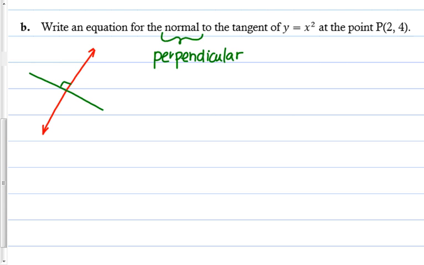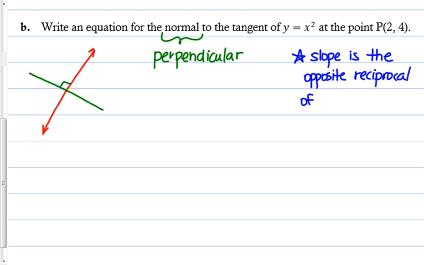The slope of a perpendicular line is actually always the opposite reciprocal of the slope of the tangent. So opposite means positive or negative. If it was positive, then it turns negative, and if it was negative, it turns positive. And reciprocal means that whatever the number is, you're going to flip that baby upside down.